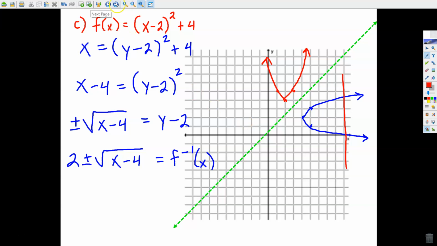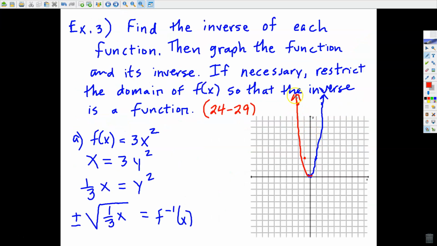So what we're going to do is break this up into two parts by restricting the domain so that it will be a function. Two separate parts instead of just one whole.